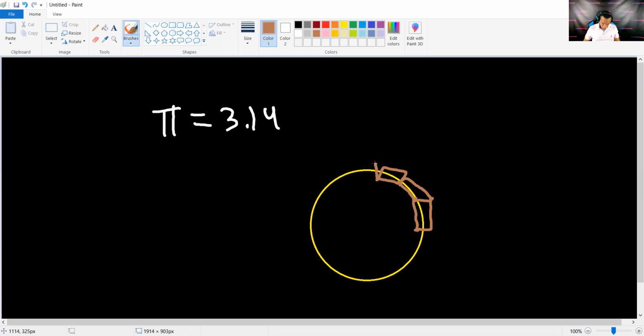You can see that there's some separation between the logs, obviously, so it's not perfect. But the people found out that they could put 22 logs around the circle. Now, they went through the middle of the circle as well, and they put the logs like this. They got to the end, and they found out that there were 7 logs that they could put through the middle of the circle.